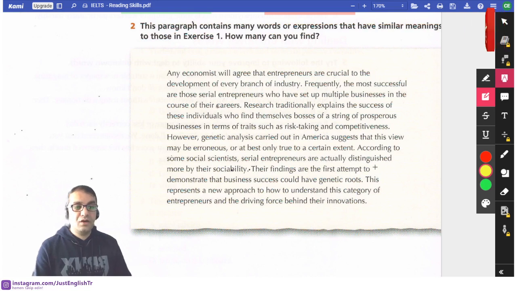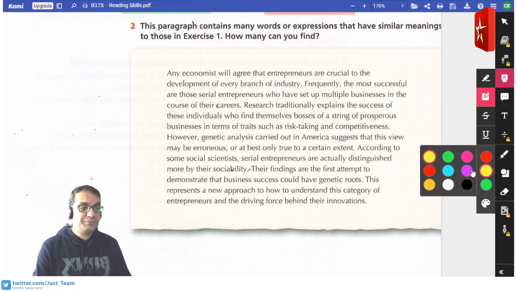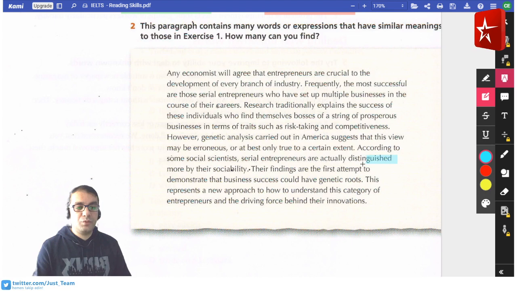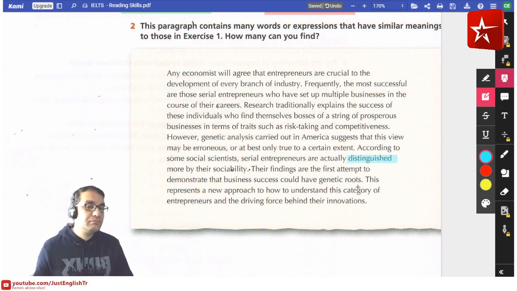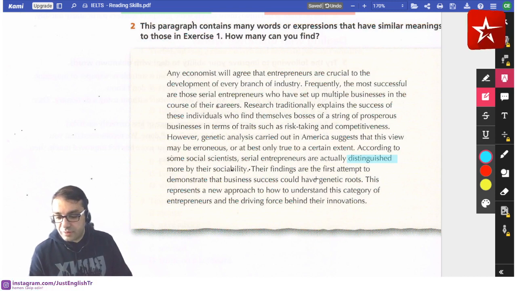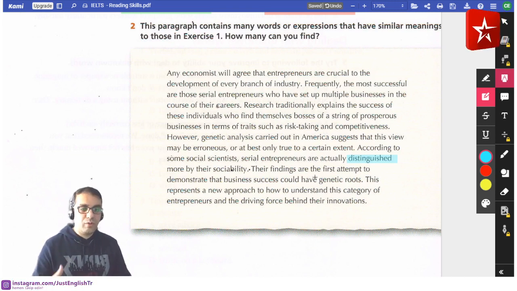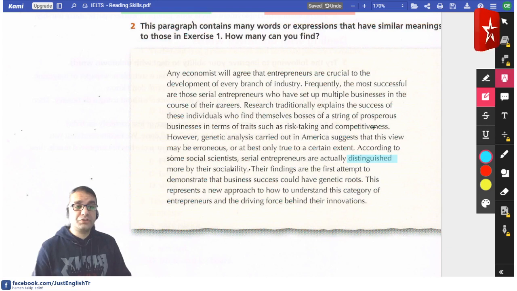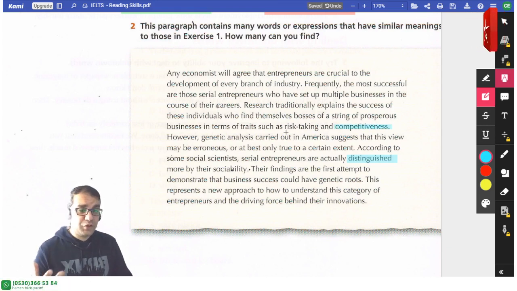So, for example, let's put it here. Who can find the word distinguished? Who can find the word? I will give you some clues. Branch, in part, okay. What else? That's good, that's good. What about this part? Some words, for example. I'm helping you here.